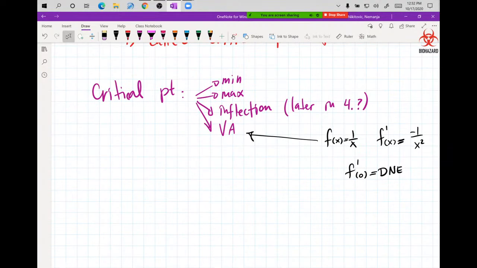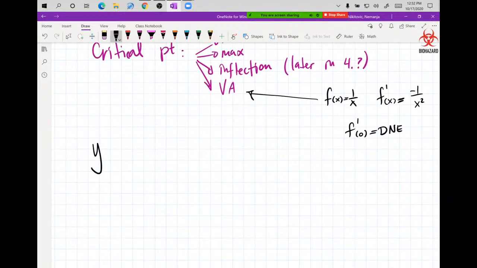All right, so let's work this out on the cheapest problem in the galaxy. y equals x squared. We know what we're supposed to do. Find the derivative, which is 2x, and we set that equal to 0.